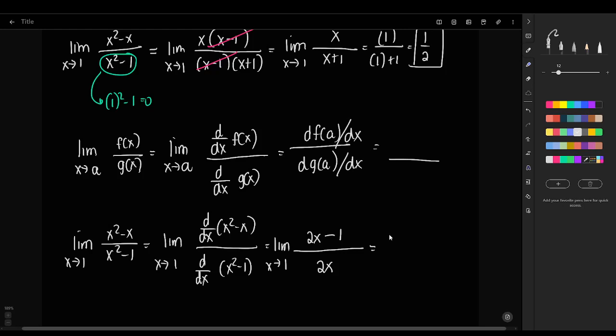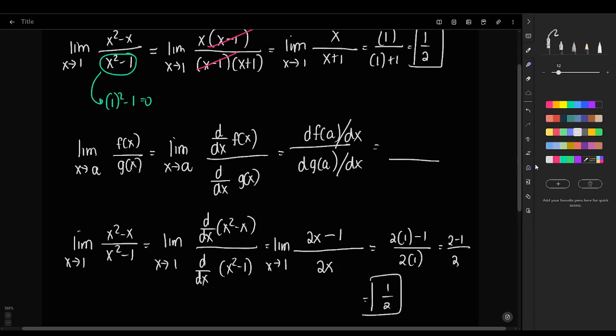So that is 2 times 1 minus 1 all over 2 times 1, and that gives you 2 minus 1 all over 2, or that is 1/2. See, you could have the same value as what you could get on your first solution. Any of these two are considered mathematically correct. So you could have both as your solution, no?